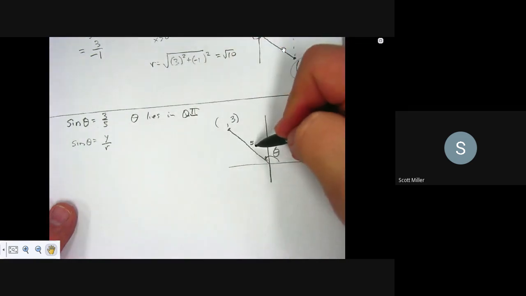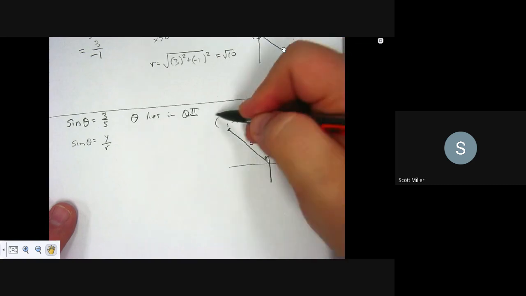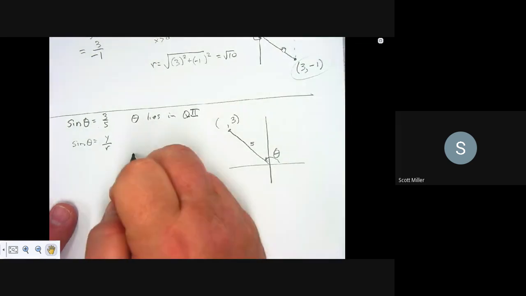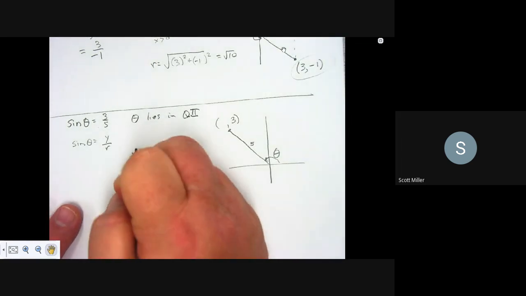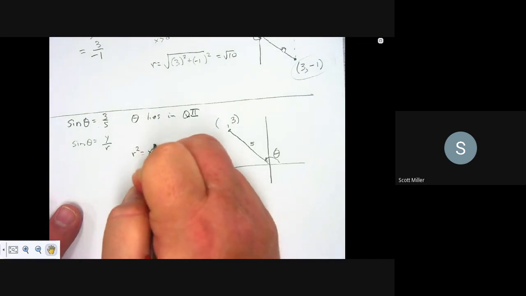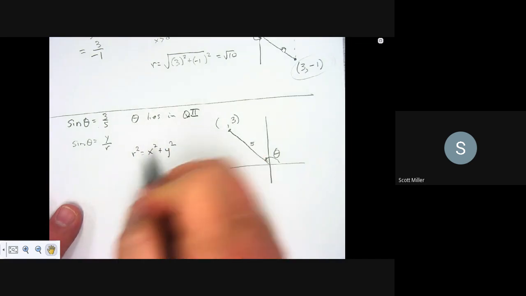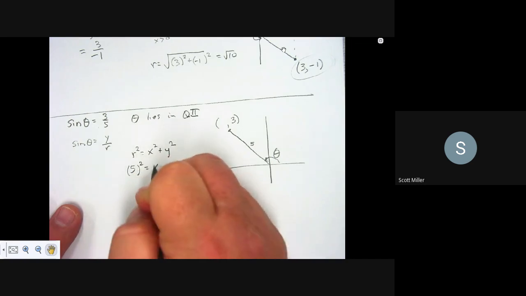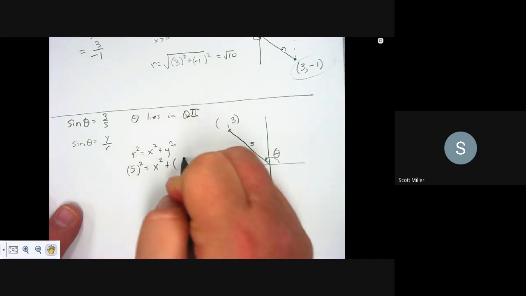R is always positive, but x is going to be negative. So how do I find x? By the Pythagorean theorem. R squared is x squared plus y squared. R we know is 5, I don't know x, and I know y is 3.